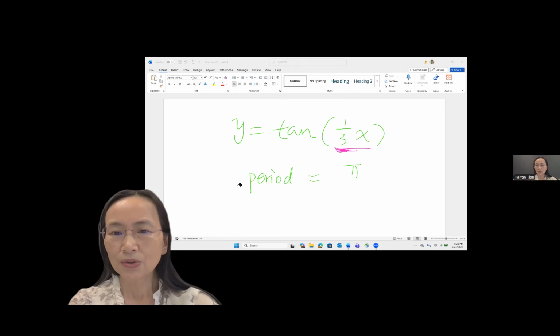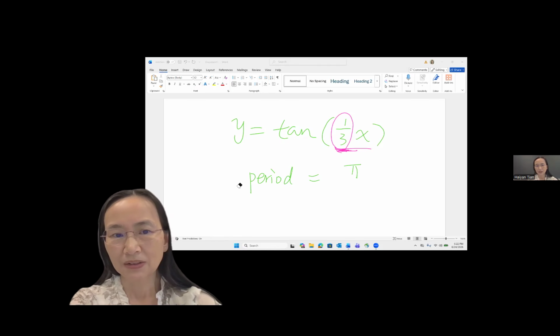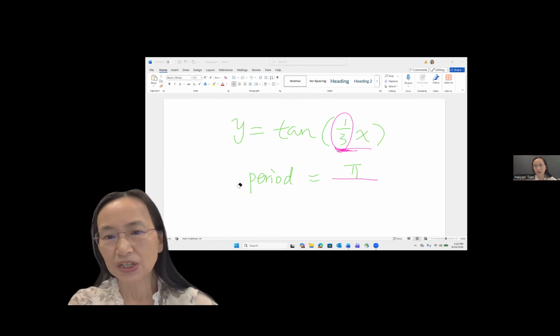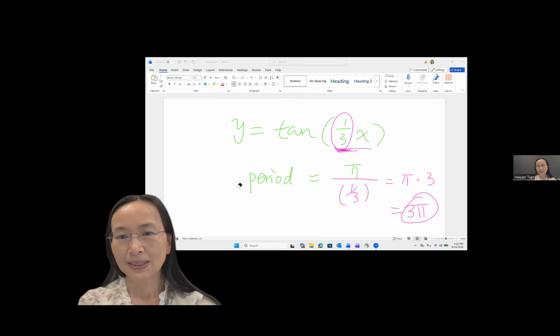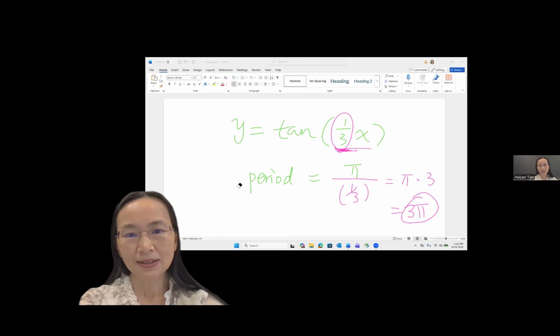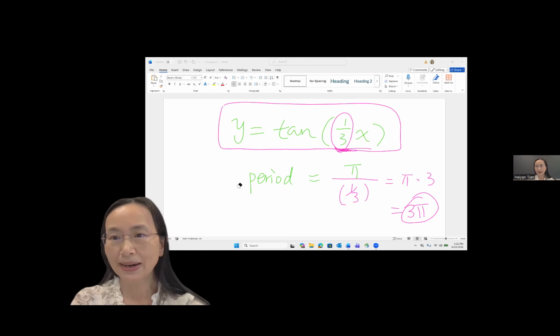Still, we can use this number to determine the period of the given function: pi over this number, 1/3. Pi over this number means pi times the reciprocal of 1/3, so pi times 3, that's 3 pi. So for this function, its period is 3 pi.